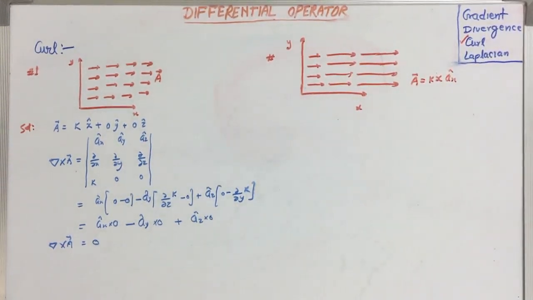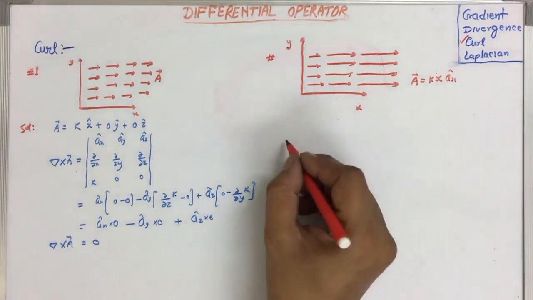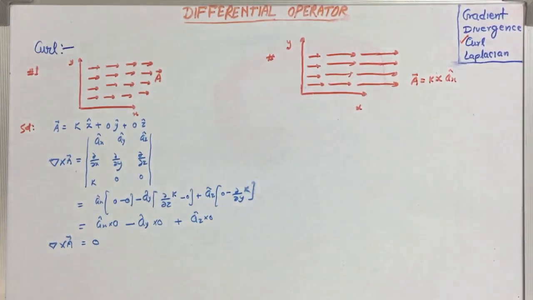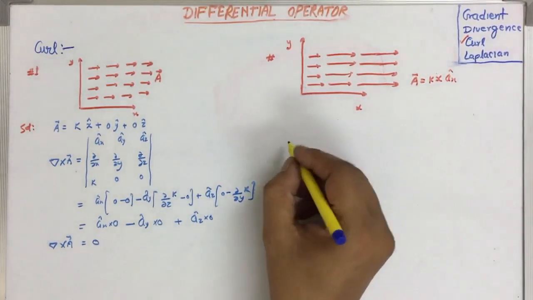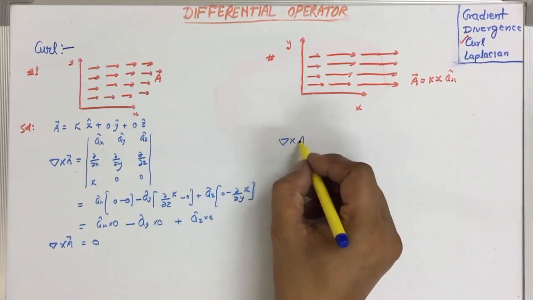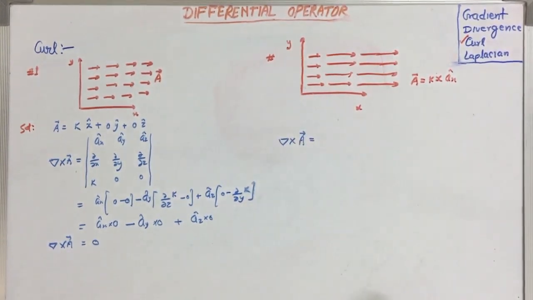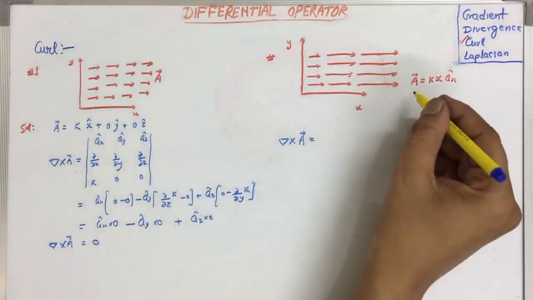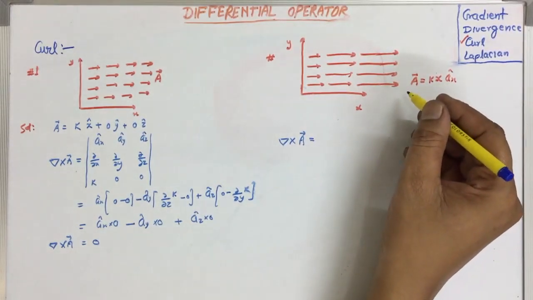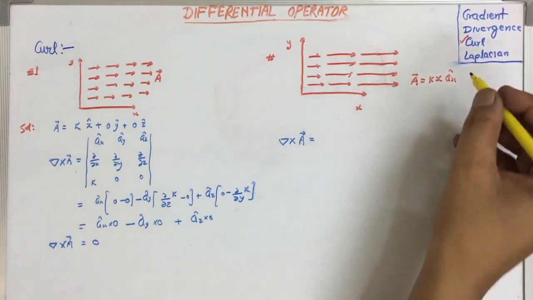A can be written like that if you are considering linear variation of the field. On the basis of that you have to find the circulation of the field. In that case, as you have done in the previous case, you have to find the curl of field A. To find the curl of field A, first of all you have to know A. If you know A, then you can find the curl easily.